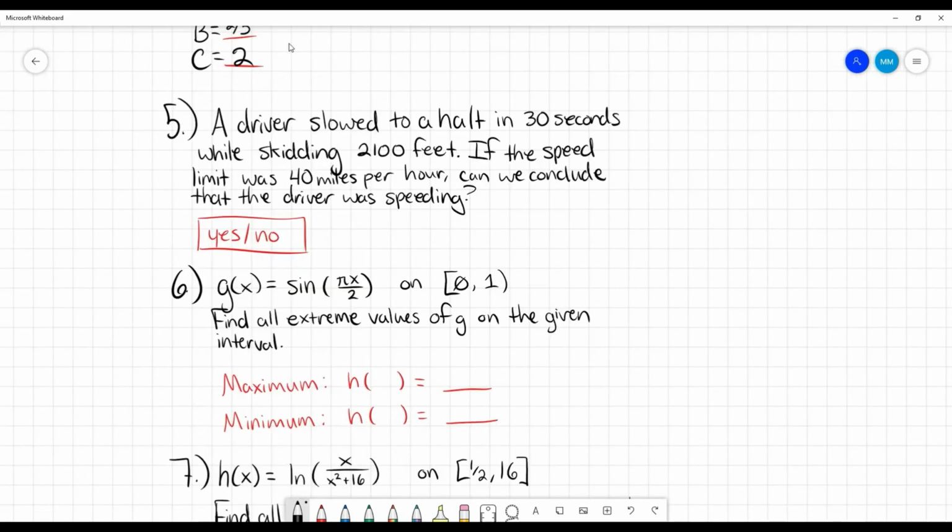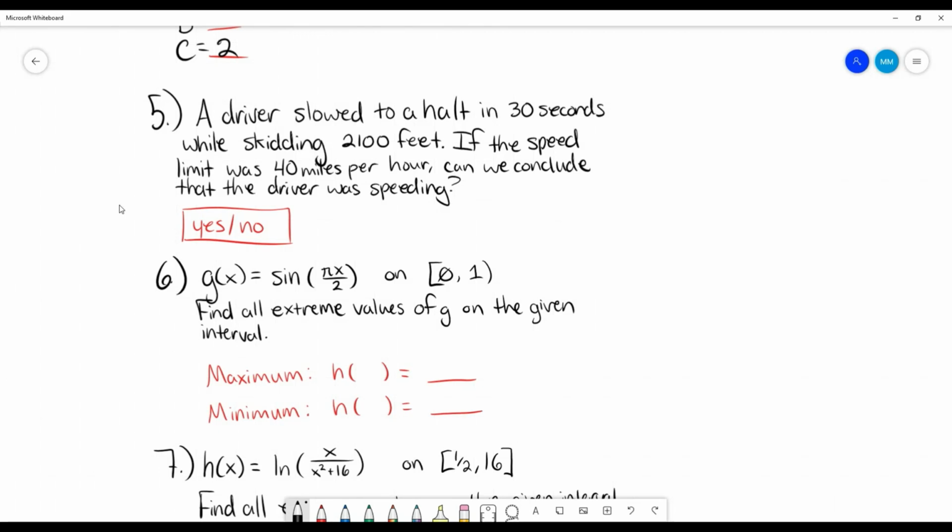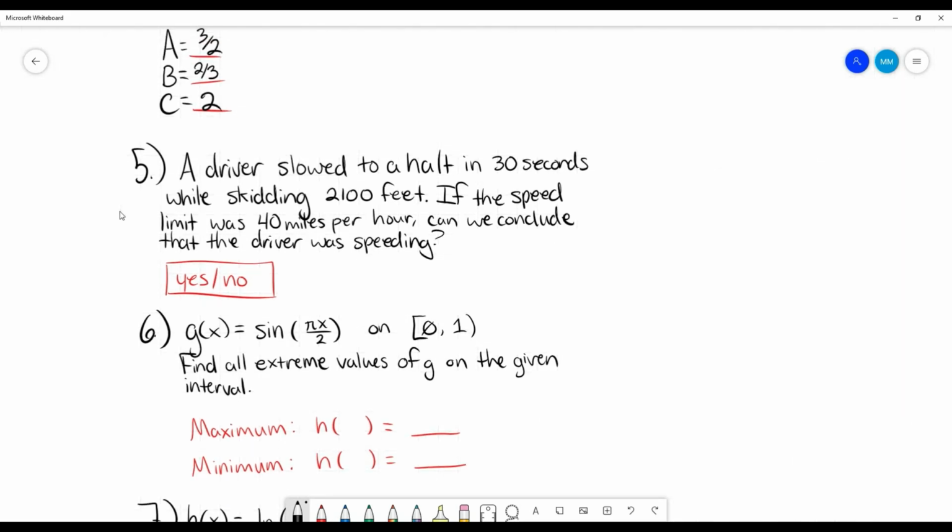Number 5 is a different type of problem. We're going to have to apply the mean value theorem for this one. And it's just a little interesting. So it says that a driver slowed to a halt in 30 seconds while skidding 2,100 feet. If the speed limit was 40 miles per hour, can we conclude that the driver was speeding?